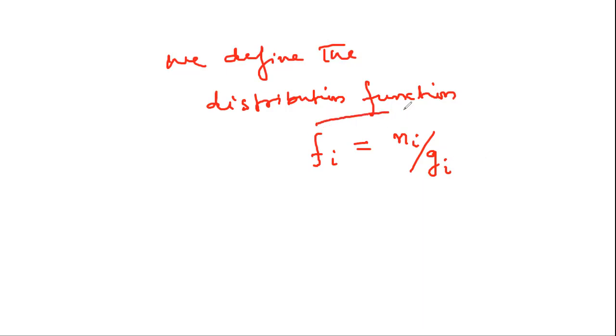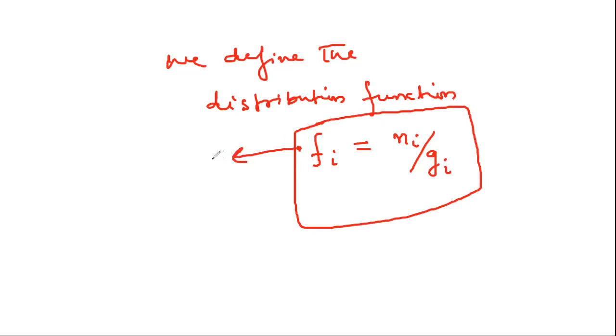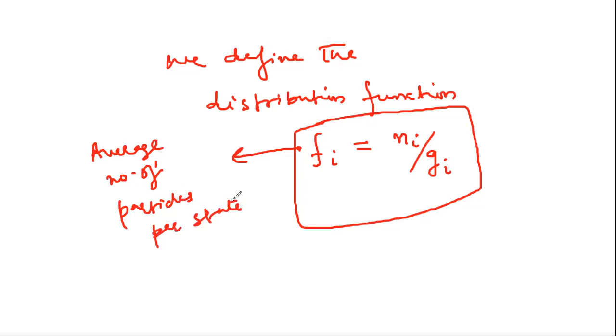This Fi we call the distribution function. It is understood. So it is the average number of particles per state.